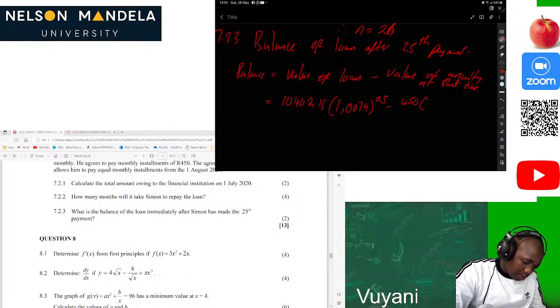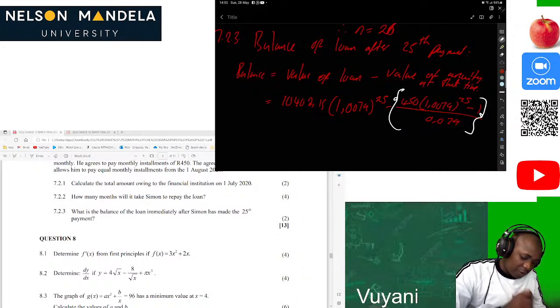This is still 1.0079 to the power 25 minus 1 divided by 0.079. So we can see that this is the future value equation which we use, but since it's 2 marks, we do not waste much time on that. So this is a future value formula.